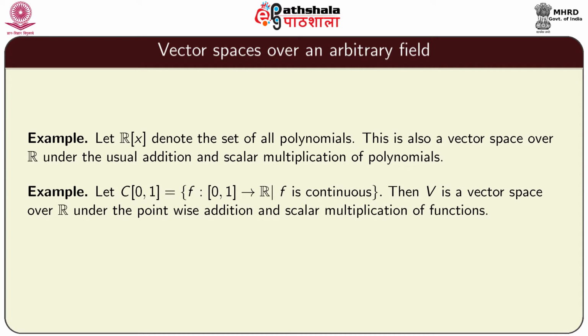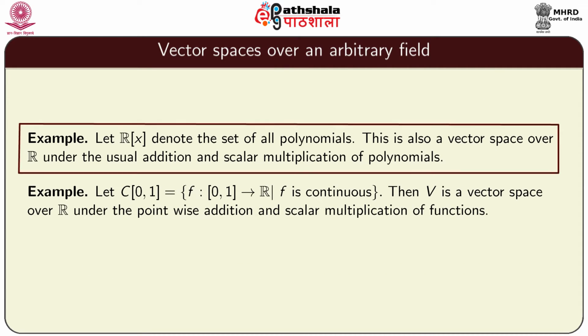Now, we have R[x], and that denotes the collection of all polynomials. So, we have seen Rn[x] a couple of slides back, which meant the collection of all polynomials with real coefficients whose degree is at most n. But here we have absolutely no restriction on the polynomial, except that the coefficients are coming from R. So, it is the collection of all polynomials, which means there is no restriction on degree as well.